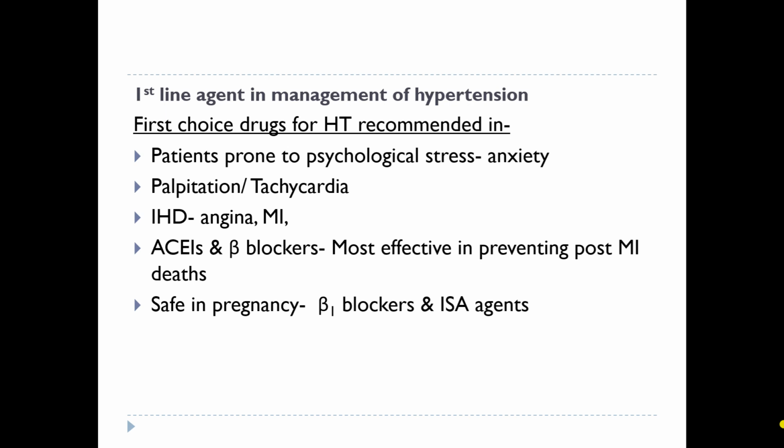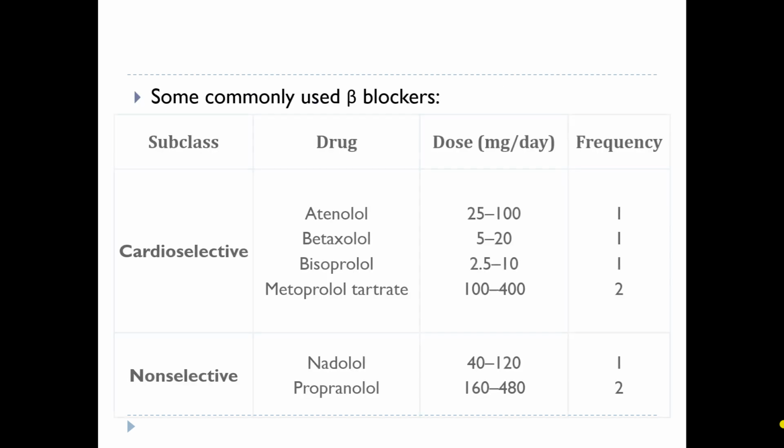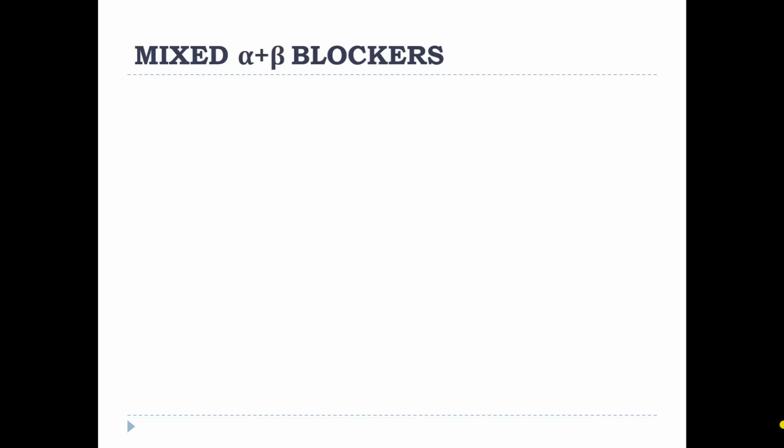Otherwise, they should be used as a second line drug. Some commonly used beta blockers are shown here. Cardioselective ones are acebutolol, atenolol, betaxolol, bisoprolol, and metoprolol, and non-selective ones are nadolol and propranolol. Doses and frequencies are shown here, usually given as once or twice daily administration.